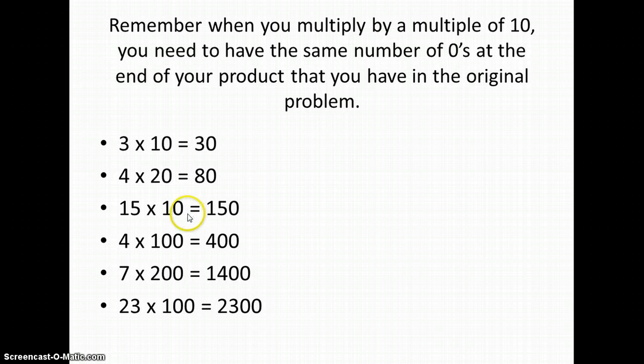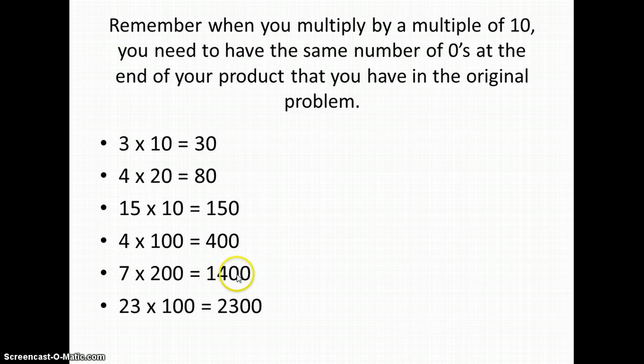15 times 10, I would think, what's 15 times 1? That gives me 15. And since 10 has 1 zero, I'd put a 0 at the end of my product. 4 times 100, I would think 4 times 1, that would give me 4. And since 100 has 2 zeros at the end, I would put 2 zeros at the end of my product. 7 times 200, I would think, what's 7 times 2? That's 14.